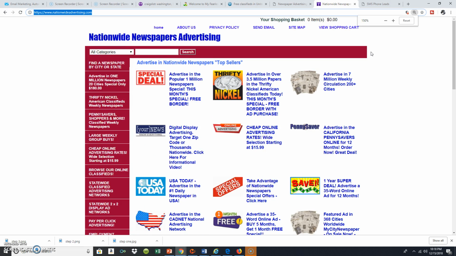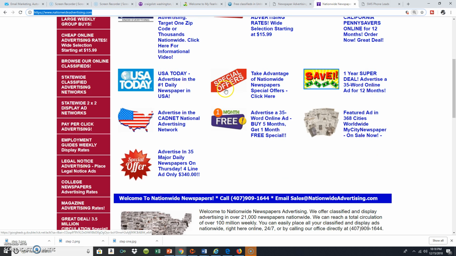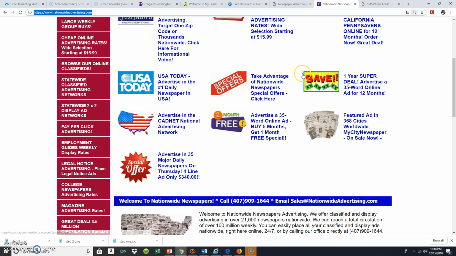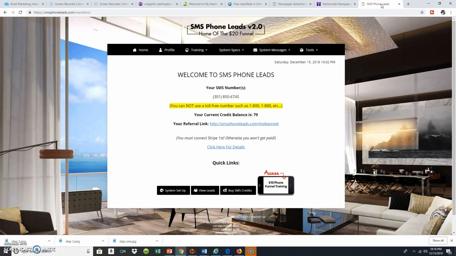Inside this particular site, I was going through some of the deals you can find in terms of running classified ads. I'm going to leave the link right below this video, so you can access this site if you're curious about nationwide newspaper advertising, and go down and get your number with SMS phone leads and have it running your very first classified ad, whether online or offline.